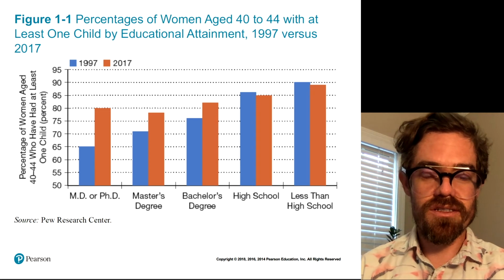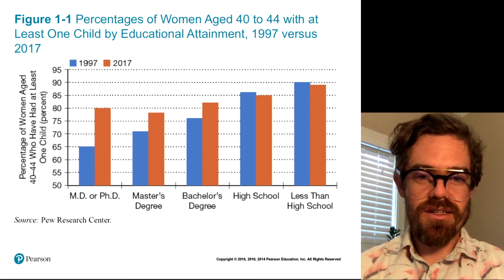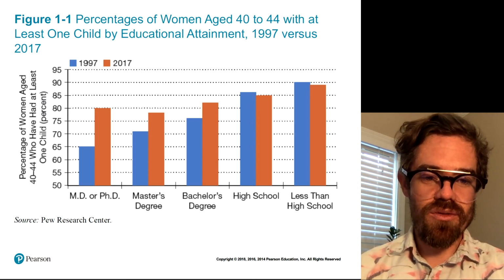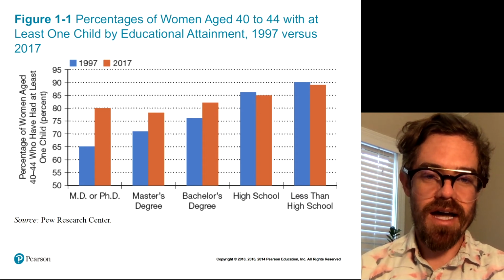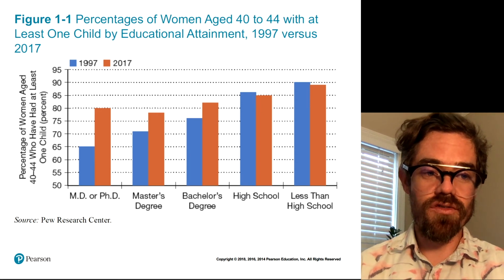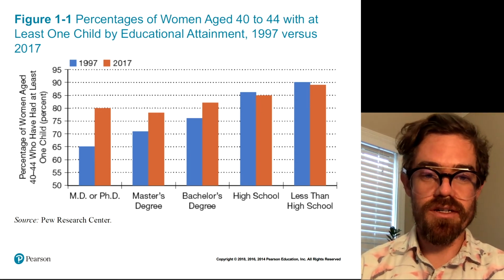So an increase there. And we see that increase here in the middle bin as well for bachelor's degree. There's still that increase. So it seems that more women in the age group of 40 to 44 are having at least one child than 20 years ago.